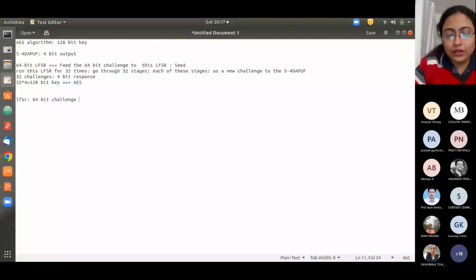You can run it maybe 2 times, that is 2 stages, so you will get 64-bit plus 64-bit, total 128-bit. Now you can take 3 bits, 3 bits, 3 bits, as many as you require.